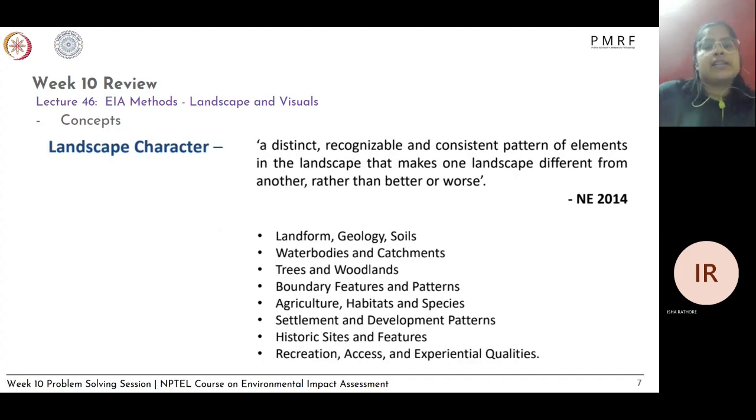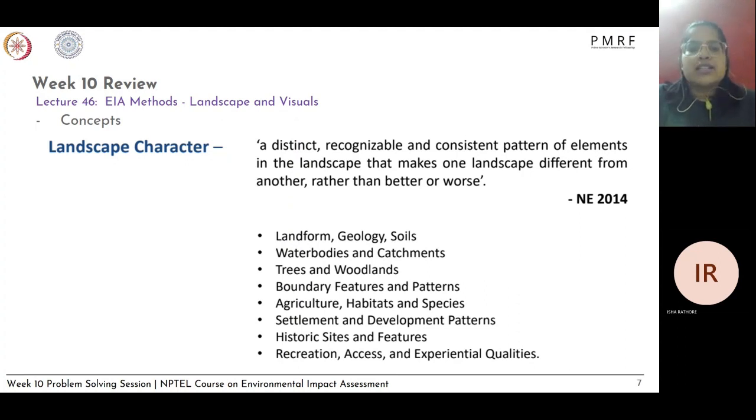And then landscape character is defined as a distinct, recognizable, and consistent pattern of elements in the landscape that makes one landscape different from another, rather than better or worse. So any distinct or recognizable pattern or characteristics which make landscapes differ from each other is known as a landscape character.